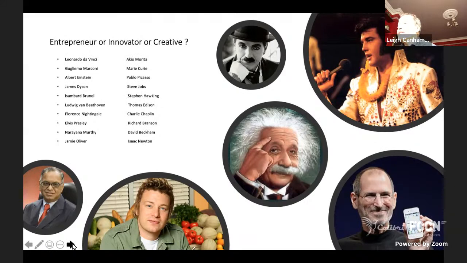So you might think that entrepreneurs are businessmen and therefore, they normally wear a suit and tie. And indeed, Narayana Murthy on the left, he is a very well-known entrepreneur. But then you have people like Jamie Oliver, who is a chef in the UK, who is a well-known entrepreneur.